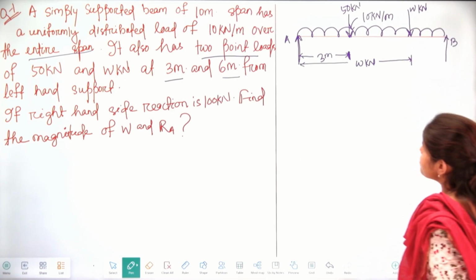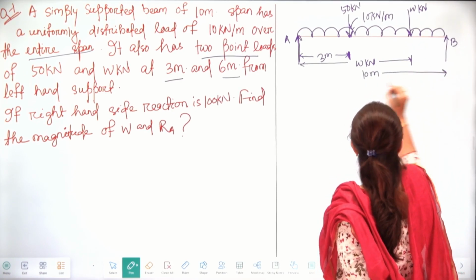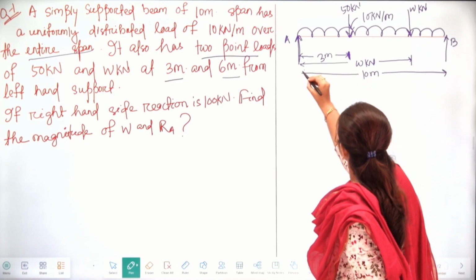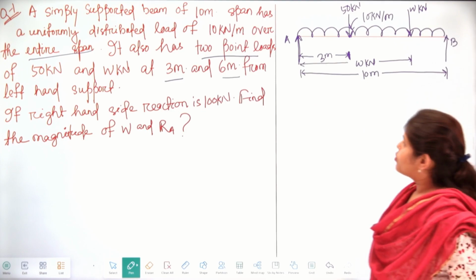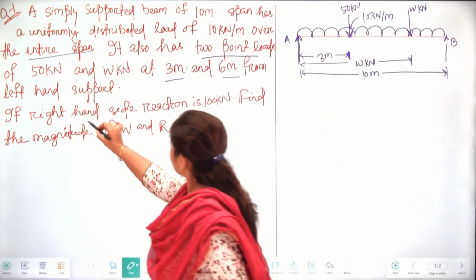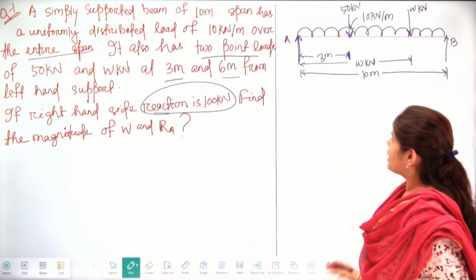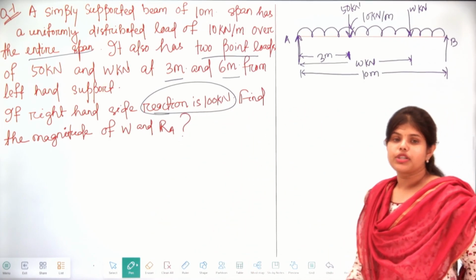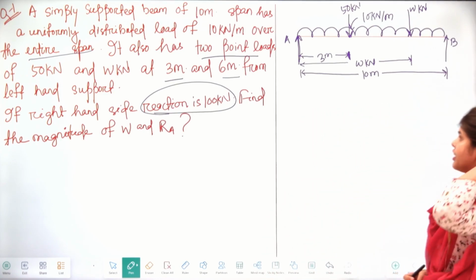The entire span is 10 meter. Okay. Next, the question asks: if the right hand side reaction is 100 kilonewton. While we are calculating shear force and bending moment of a simply supported beam, we need to first find out the reaction forces.